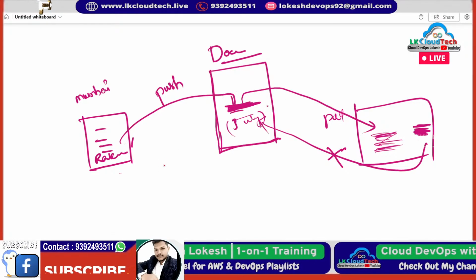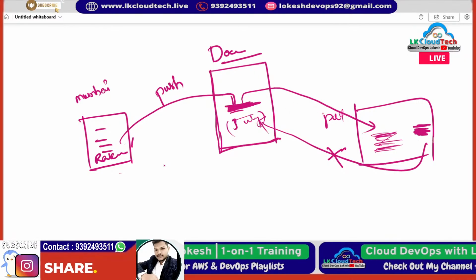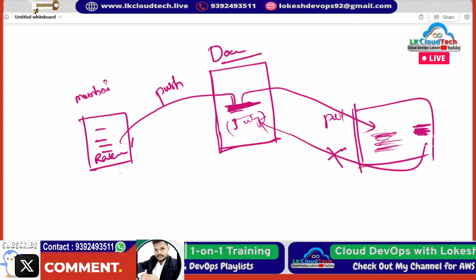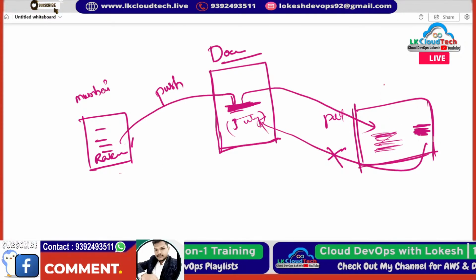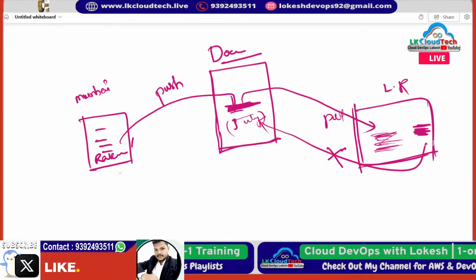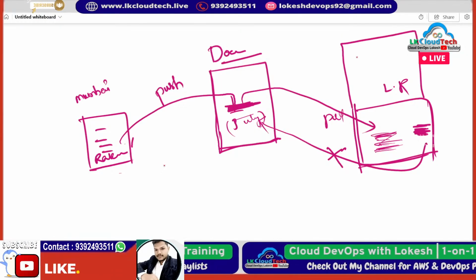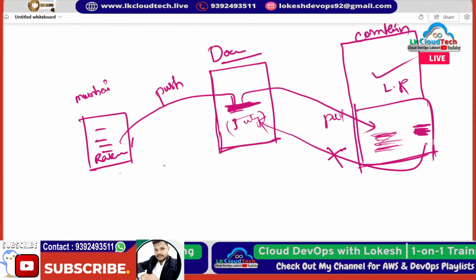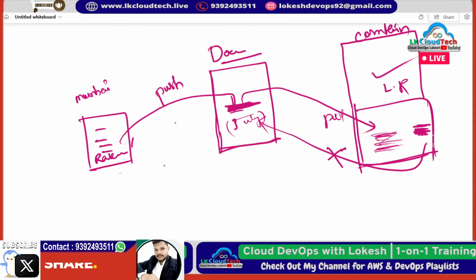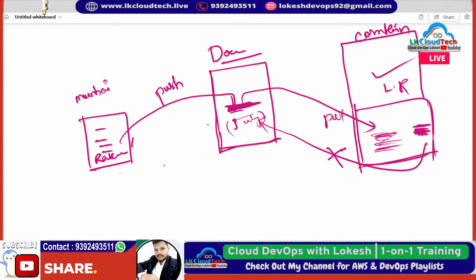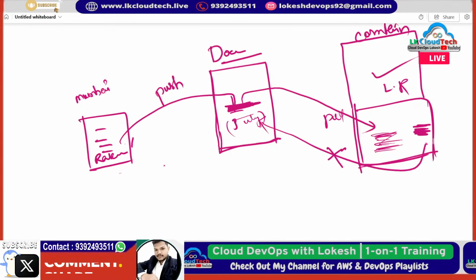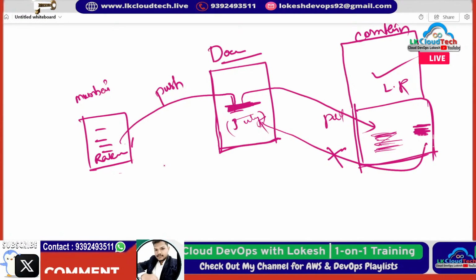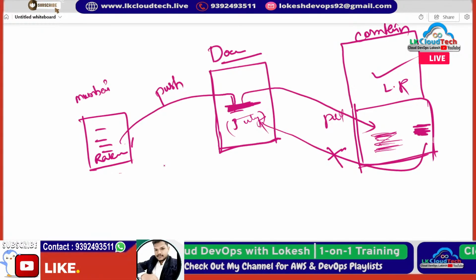Then you will pull the same image into your local repository, and on top of this image you create a container and use that container. That one we have already done. I thought we did not cover it, but initially itself we have covered it, right?